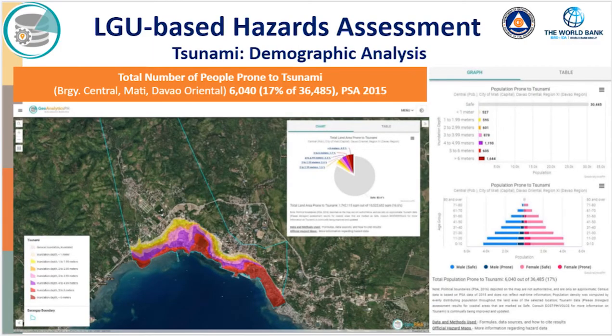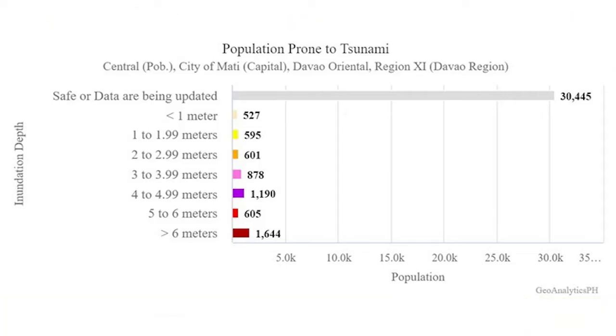Here is another example using tsunami hazard. Here is the tsunami hazard inundation map for Barangay Central, Mati, Davao Oriental, as produced by Geoanalytics PH. Based on the information in the database and calculations made by the system, 6,040 people, or 17% of the barangay population, may be affected by a tsunami.